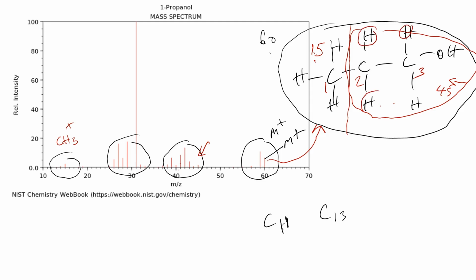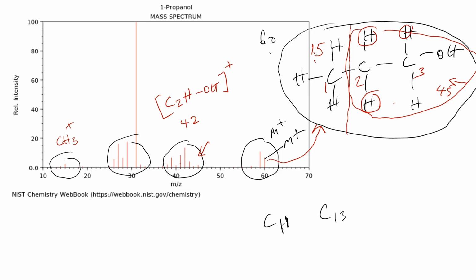So this 42 here corresponds to this cation fragment, which is C2HOH cation. That is what corresponds to this peak at 42. I hope that makes sense.